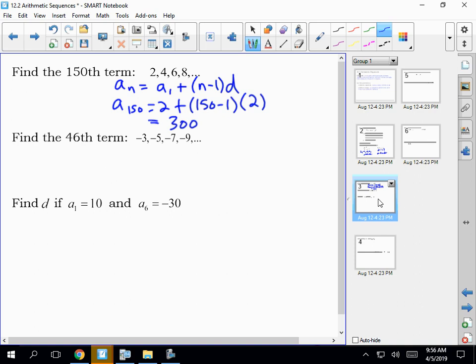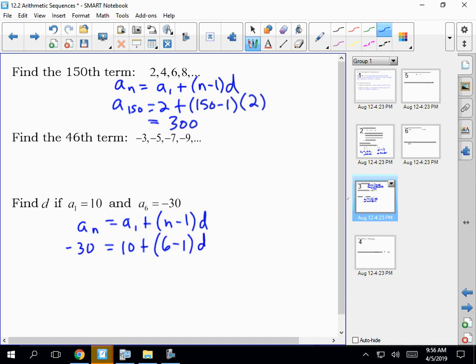Using this formula, we should be able to solve for any variable in it, really. In this case, we're going to solve for d. It says find d if a sub 1 equals 10. So I'd pop in 10 for a sub 1. And then it says a sub 6 equals negative 30. So I put a negative 30 in here. And 6 in for n.